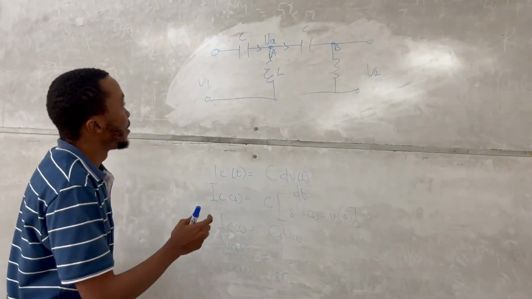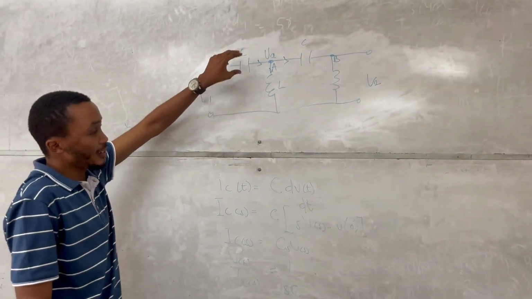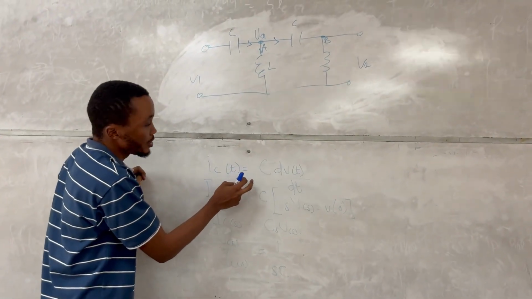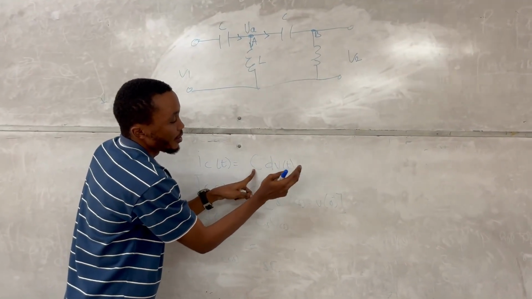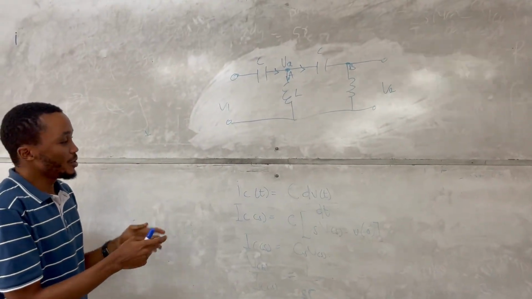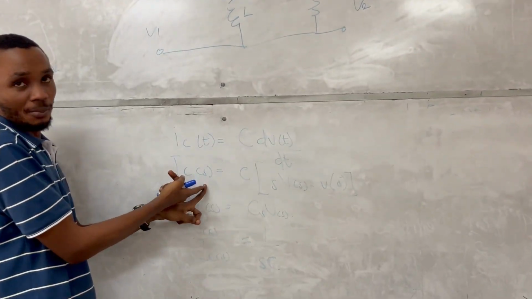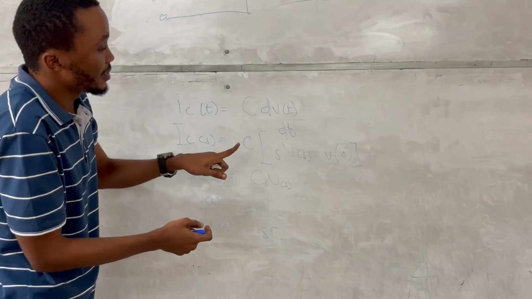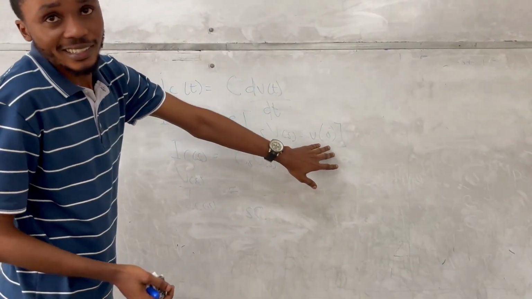So now, considering this, at this route, the current flowing through this capacitor can be expressed as I_C in the time domain equal to C dV over dt. Now, moving it to the Laplace domain, which is the frequency domain, this I_C moves to I_C(s), and we get C times s V(s), and then we set the initial condition to 0.